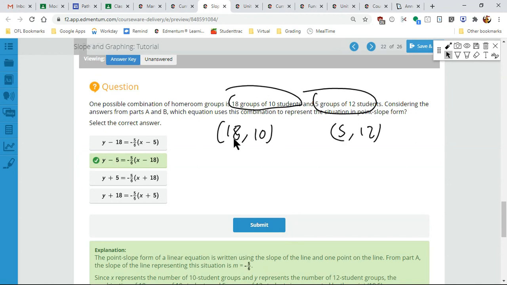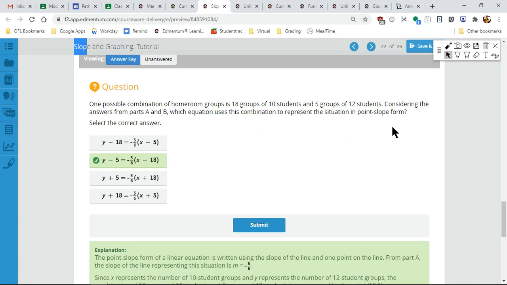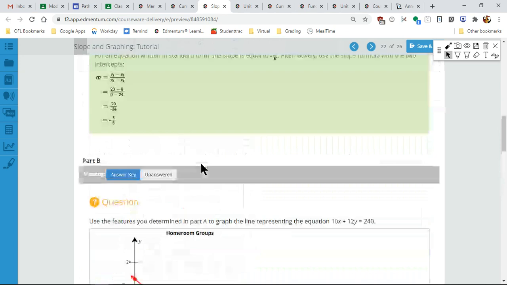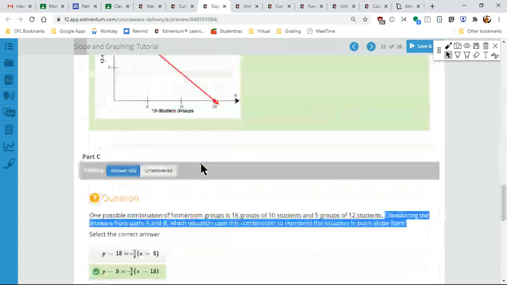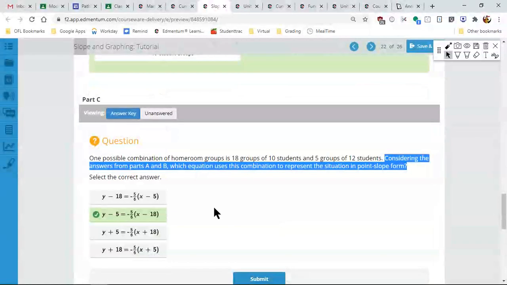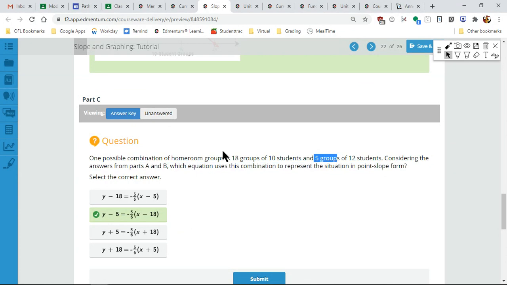That's an x. I have no idea what they did here. I feel like they did this backwards. Considering the answers from parts A and B, which of the following is the situation for this? So they want us to go up here? Minus. I don't know why they're using this one and this one.